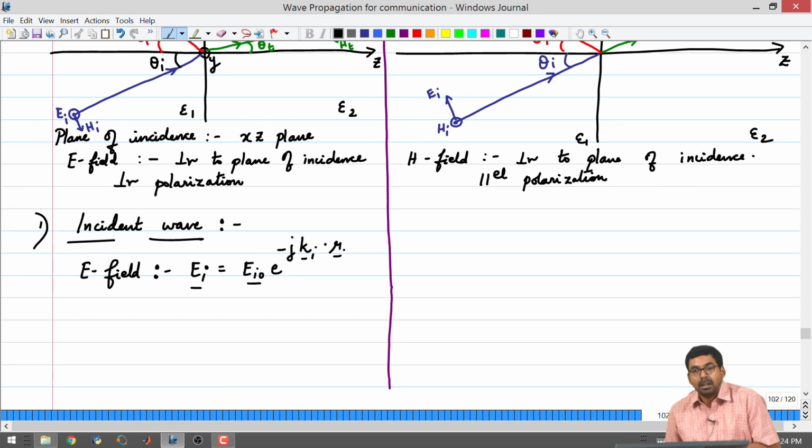We had seen that for a plane wave that is traveling in an arbitrary direction, the way to write down the expression for the electric field is E I naught exponential minus j k dot r, where r is your position vector, it will be x x hat plus y y hat plus z z hat, k I is supposed to be found by us. So, we will do all of these now systematically, but you need to remember that this is the generic expression for the electric field. Now, our objective is to calculate correctly the value of k I dot r, plug it into this expression and then start to look at what we can do with it.